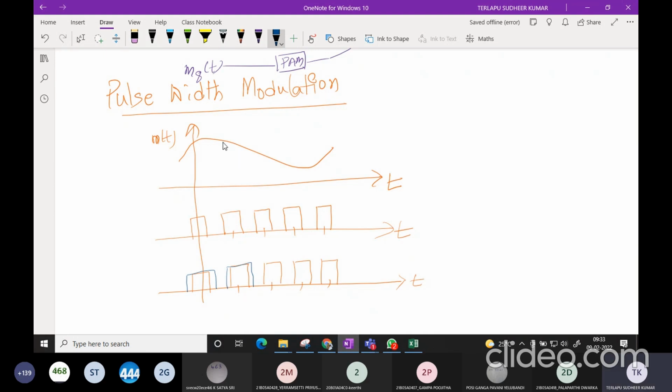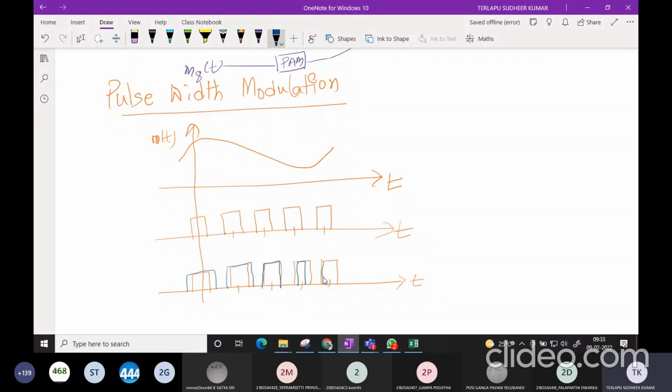So as the time goes on, the m of t is decaying. So therefore, here I got the same pulse width as the unmodulated carrier pulse width. Then slowly again my m of t is decreasing. Therefore, my width of the pulse is decreased. Now again, slowly my m of t is increasing.